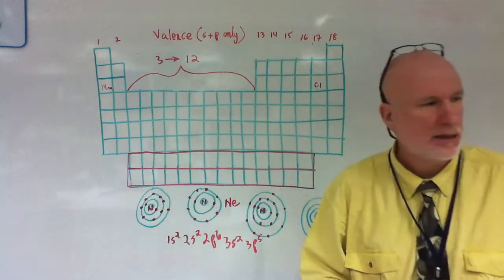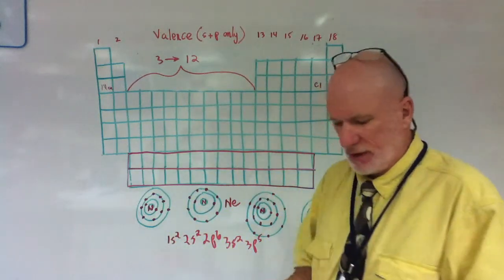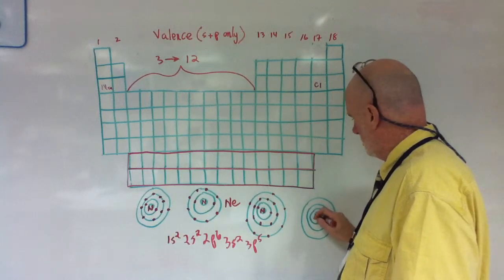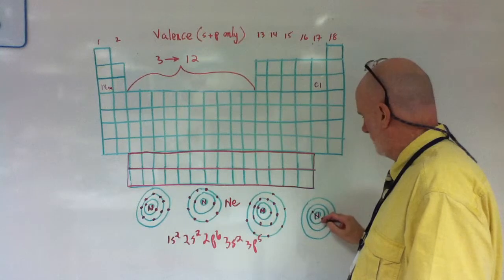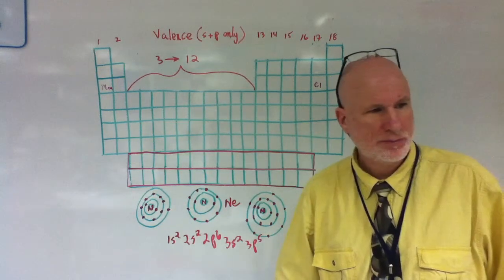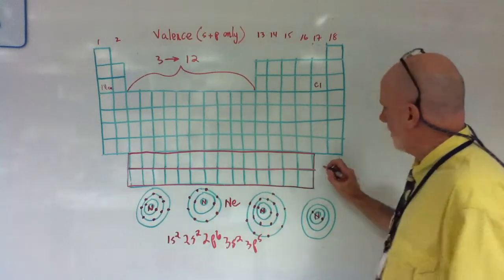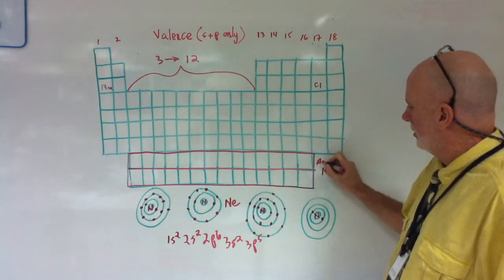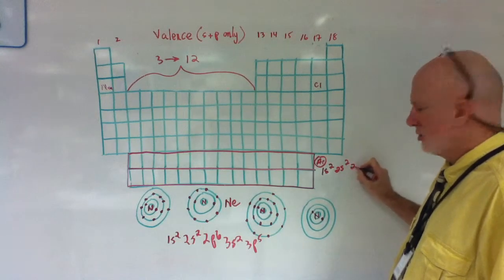Okay. Argon. What's the electron configuration for argon? 1s2, that's the first shell, right? Putting 2 electrons there. Shall I do the electron configuration right here? 1s2, this is for argon. 1s2, 2s2, 2p6.